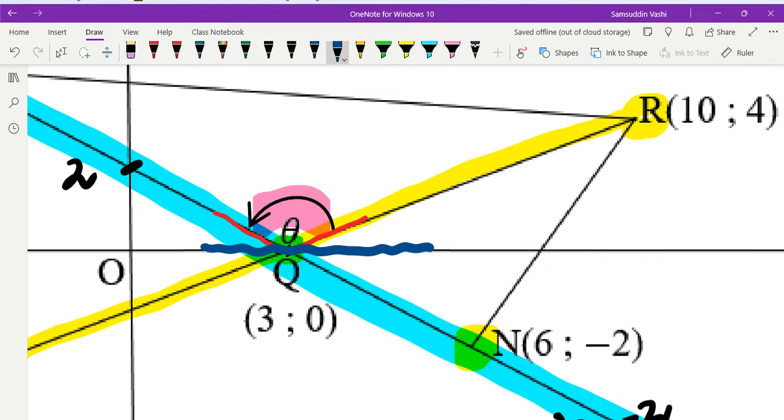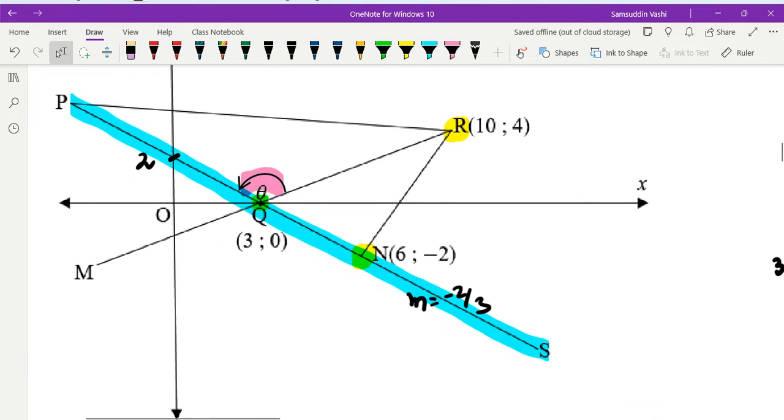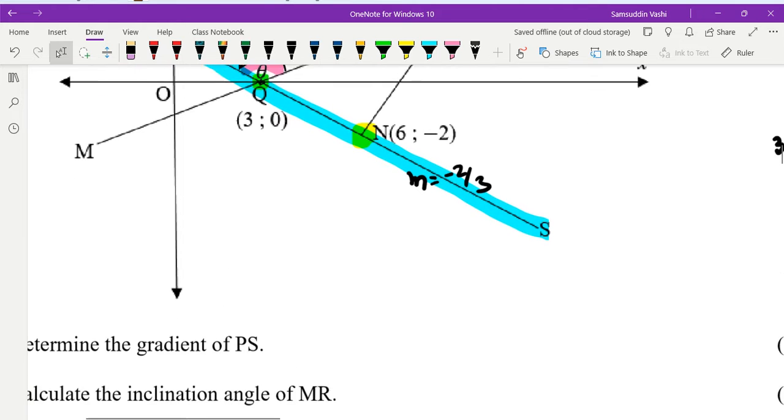If that theta is with the x-axis, let's say I put that theta here, now it is with the x-axis. So I can get the answer directly if I have the gradient of this line. m equals tan theta, or theta equals tan inverse m. Okay. But in this case, keep in mind what you have there. Okay. So we have worked a little bit and we have more information now on the diagram.